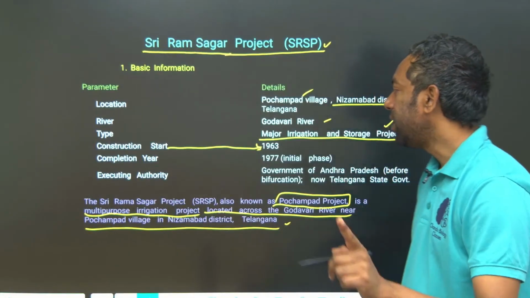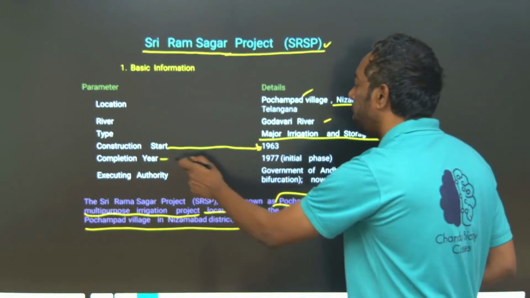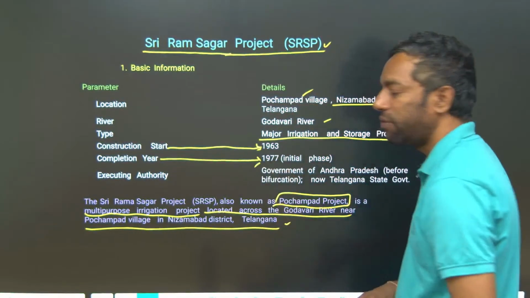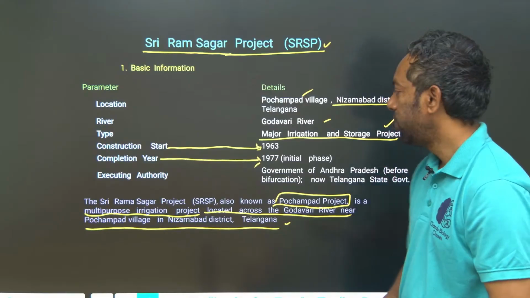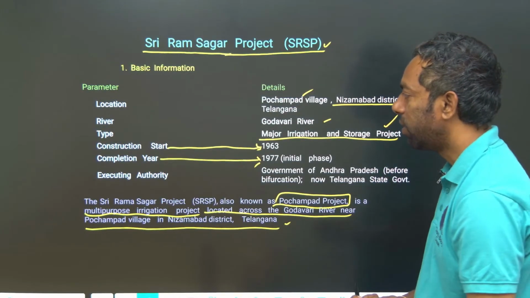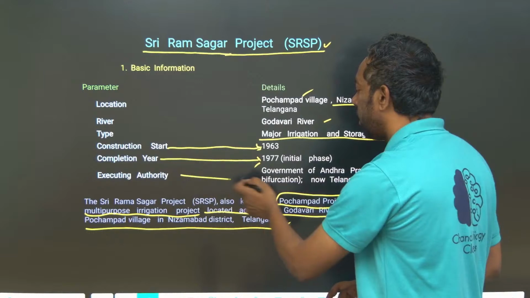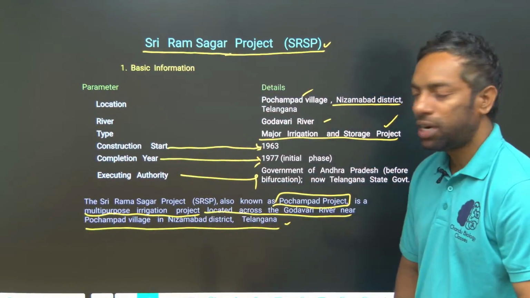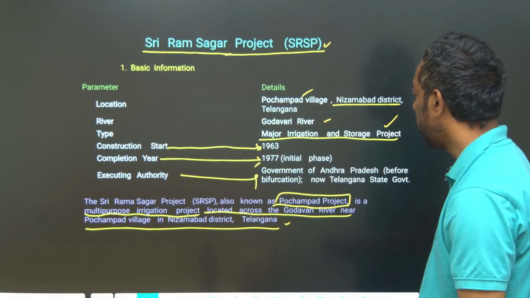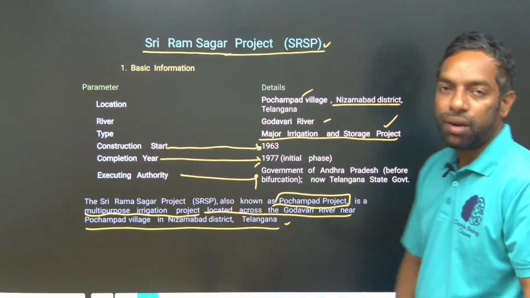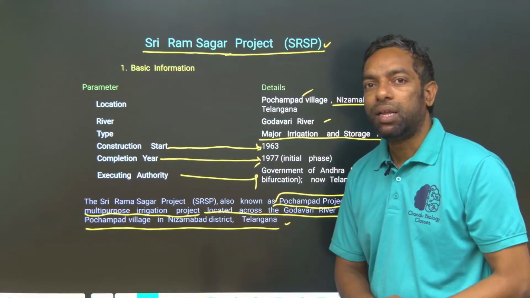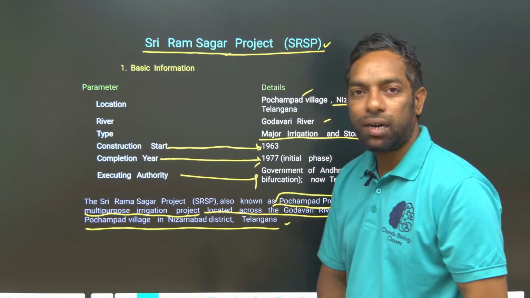It was completed in 1977, so it took more than 14 years. The existing authority was the Government of India and the Government of Andhra Pradesh, before the formation of Telangana. This is the basic information about the Pochampad or Sriram Sagar project.